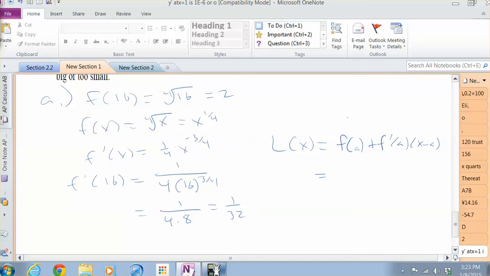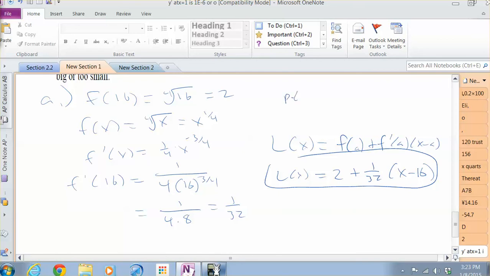So f of a I know is going to be 2, because that's f of 16. My derivative is 1 over 32, times x minus 16. So that's the linearization of f of x equals the fourth root of x at x equals 16, because we got our point, which is 16 comma 2, and our slope, which is 1 over 32.